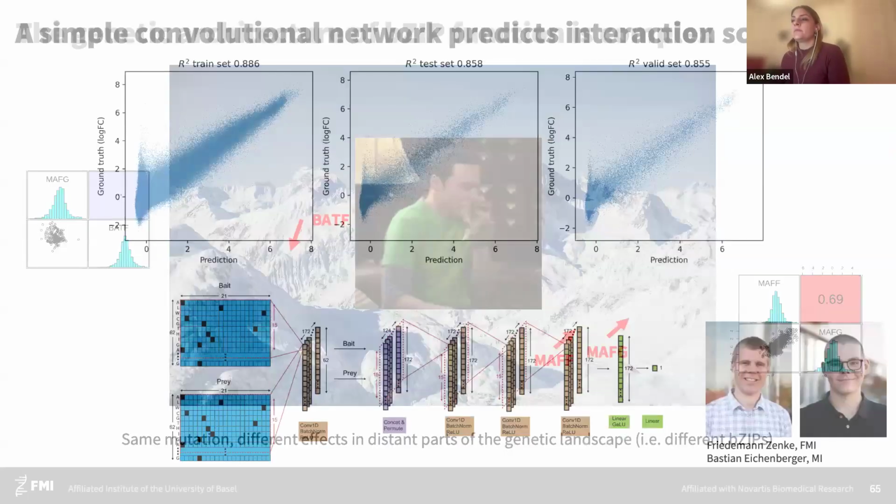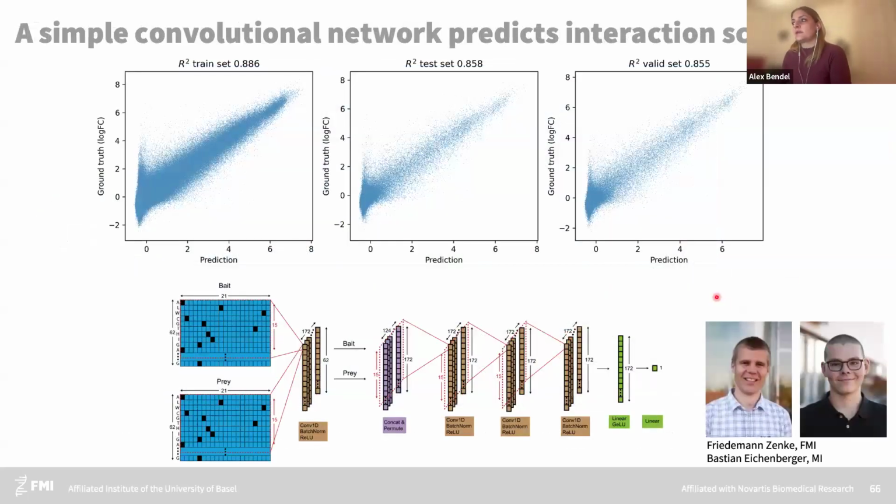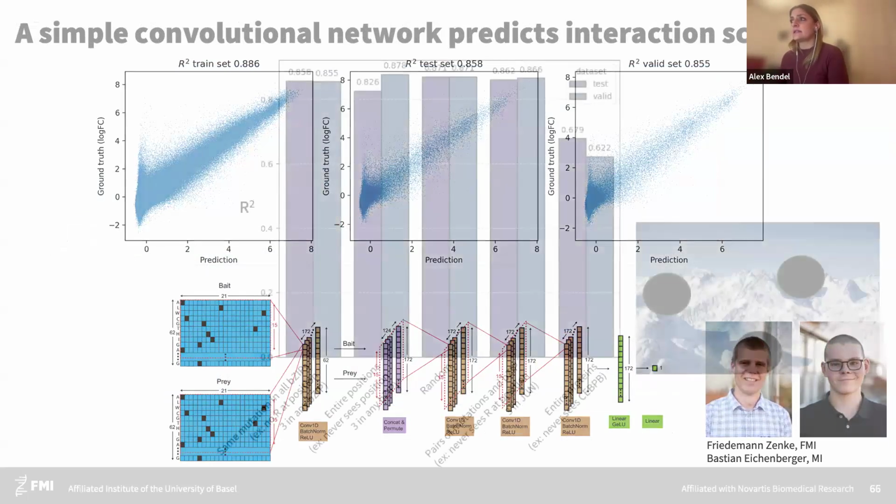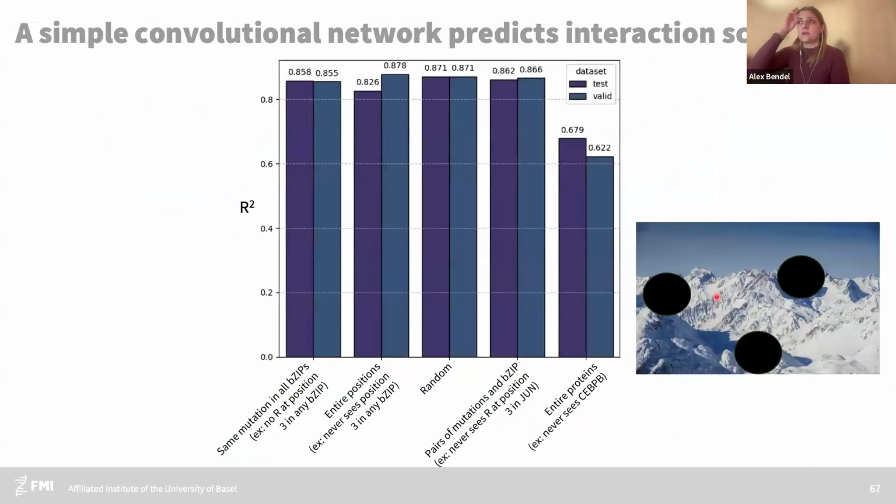And the answer is no, because we were able, with collaborators from FMI, to build a relatively simple convolutional network that can predict the interaction scores very well from sequence. And interestingly, we used different strategies for data splitting here, and the model performed most poorly when we left out entire proteins out of the training set.